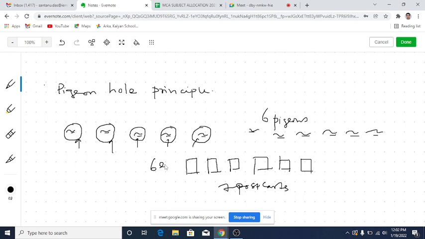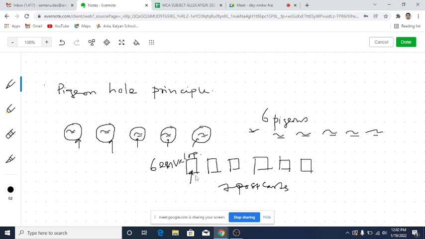Here we need to insert a postcard uniquely within an envelope. But since there is one envelope fewer than the number of postcards, if we insert the postcards in the envelopes, we will find at least one envelope where there will be more than one postcard. Is that clear? So this is the pigeonhole principle.